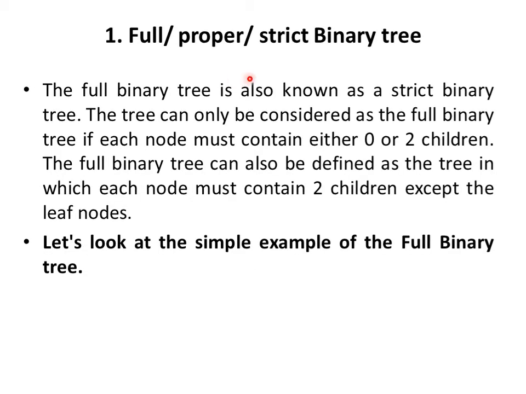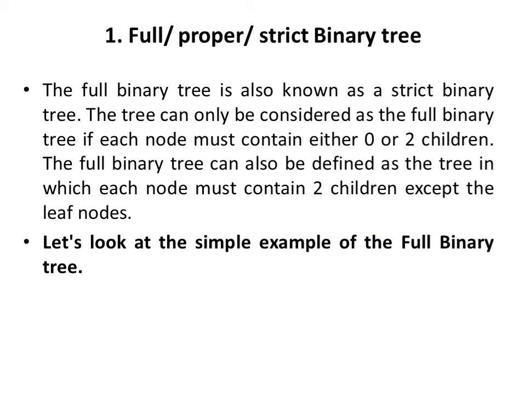Now let us concentrate on what is a full or strict binary tree. The full binary tree is also known as a strict binary tree. The tree can only be considered a full binary tree if each node contains either 0 or 2 children. That means if a node is there, it should contain a maximum of 2 children, otherwise no children.